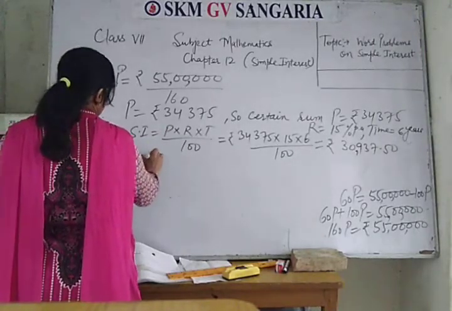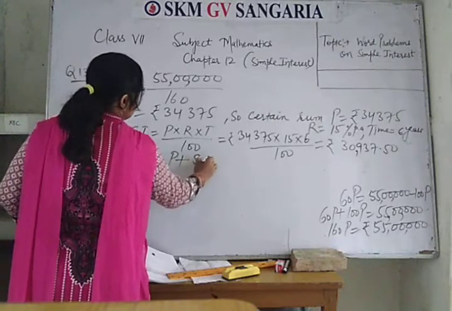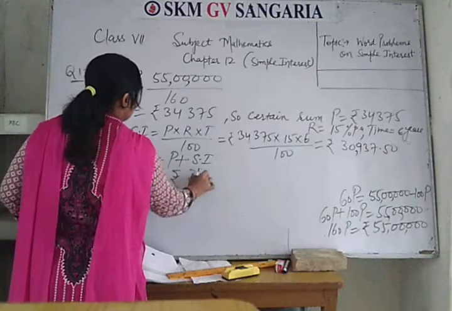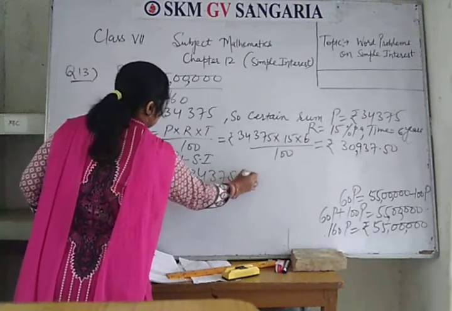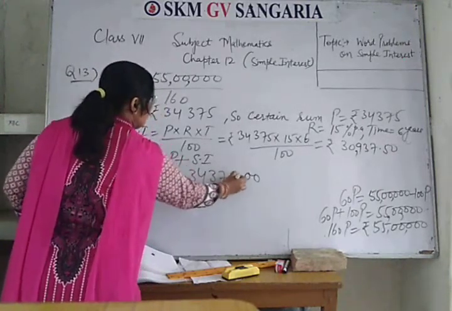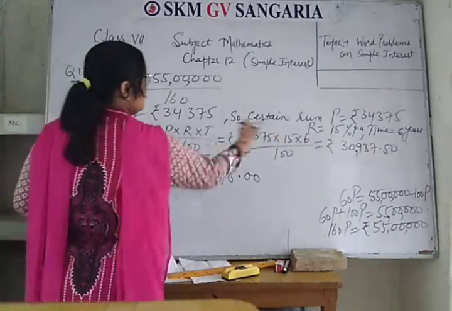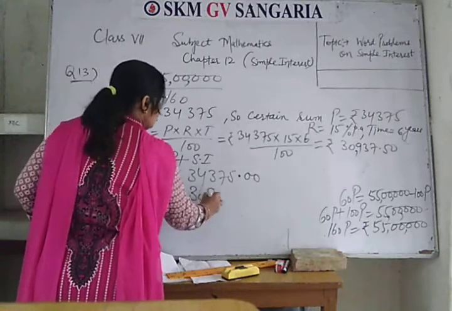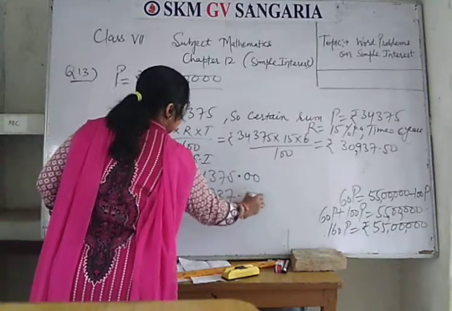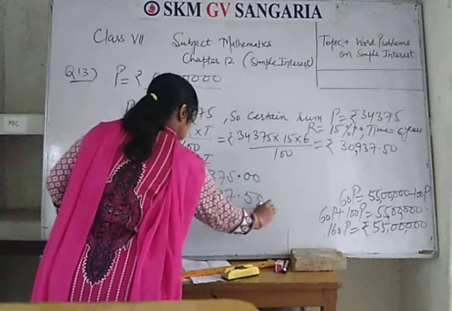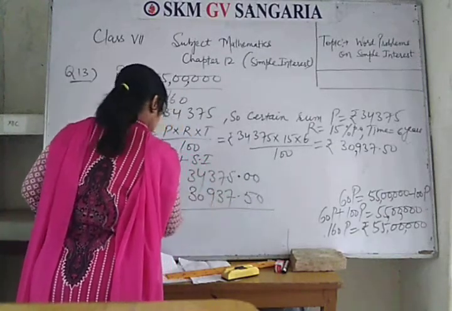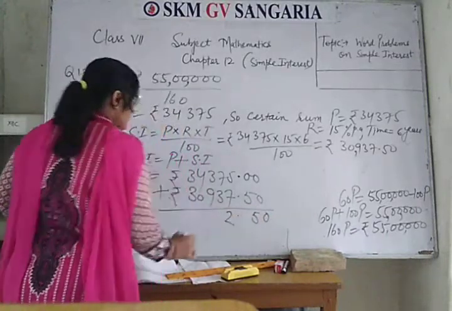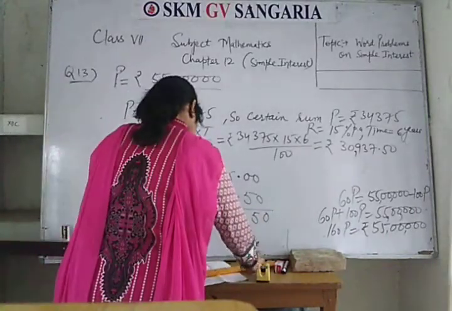Amount is equal to P plus simple interest. So here P is rupees 34,375 paise 00, and simple interest is rupees 30,937 and paise 50. So add, what will you get? Answer.